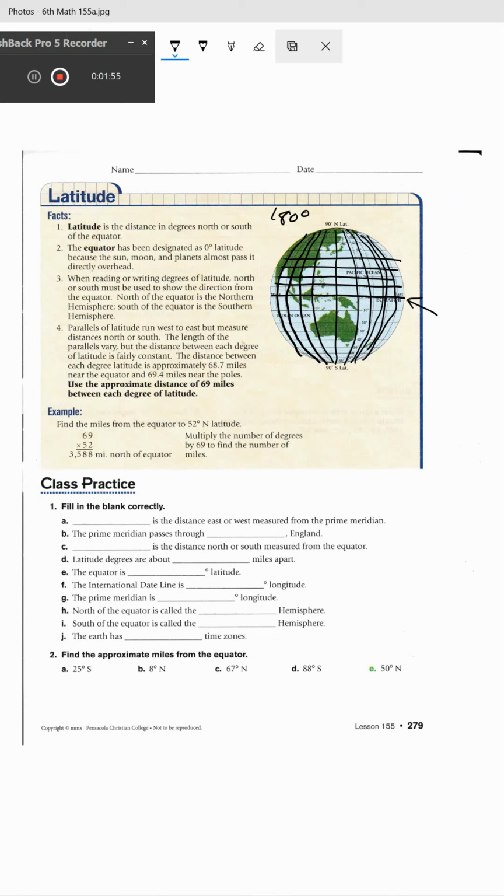We've learned all those. But latitude, they are degrees either north or south of the equator. When reading or writing degrees of latitude north or south, they must show the direction from the equator. So you don't just put like 52 degrees, you would put 52 degrees north. So it's 52 degrees north of the equator.